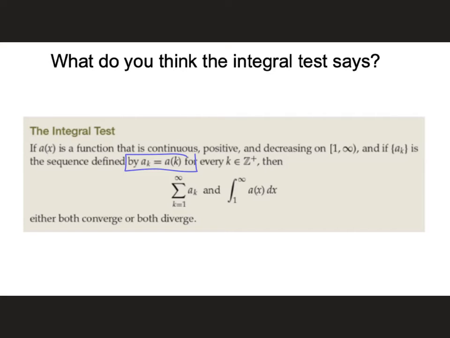Essentially, if I can rewrite the sequence a_k as a function a of x, I can evaluate the integral, and that will help me figure out what the series is going to do. If the integral diverges, the series will diverge. If the integral converges, the series will converge. So my thinking on the previous pages was correct. Again, that function should be continuous, positive, and decreasing, and then we can figure this out.